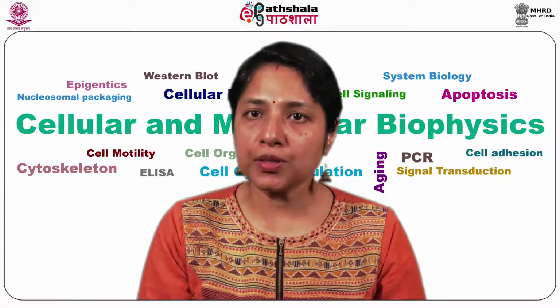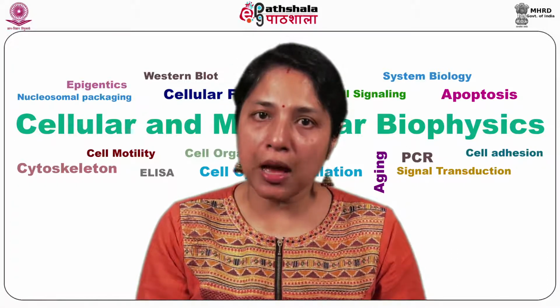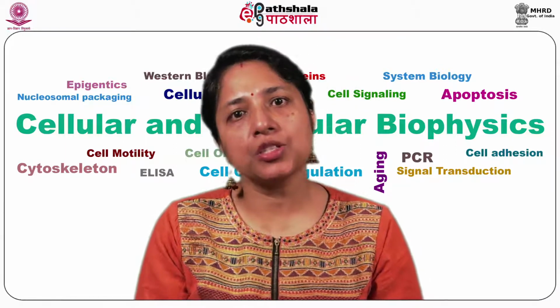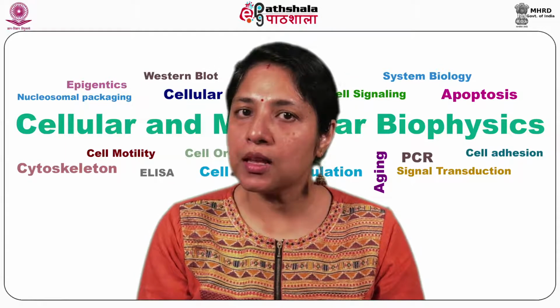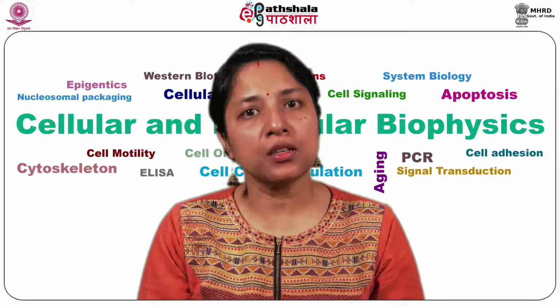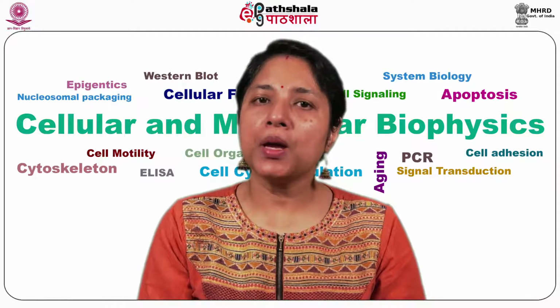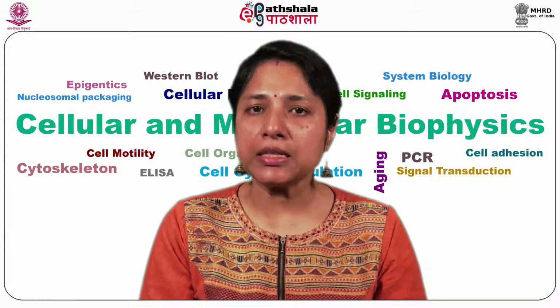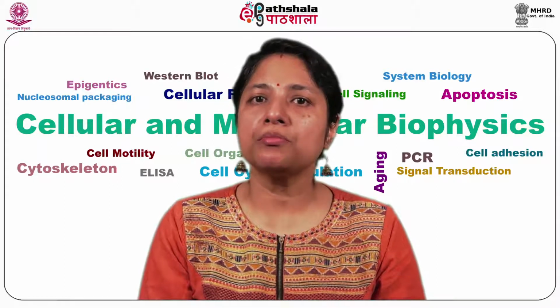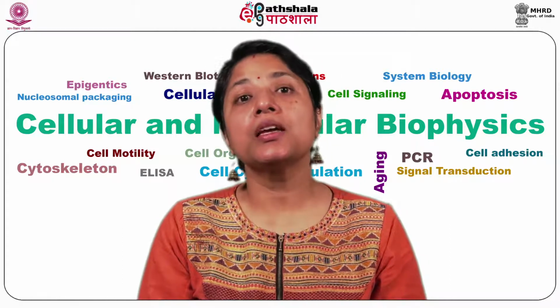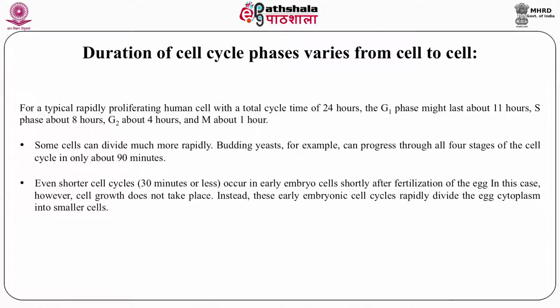Hence, they have reduced capacity to renew damaged or diseased cells. Examples of such tissues include heart muscle, nerve cells of the central nervous system, and the lens cells in mammals. Maintenance and repair of these cells is limited to replacing intracellular components rather than replacing entire cells. Now, the duration of the cell cycle phases varies from cell to cell.